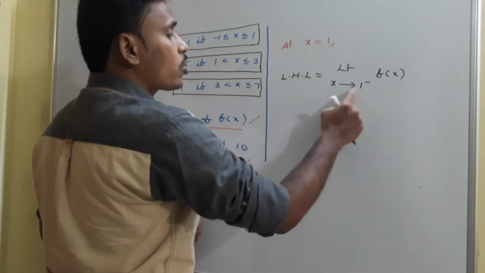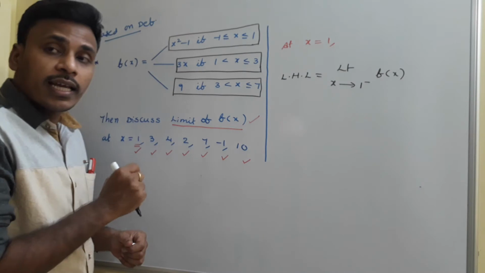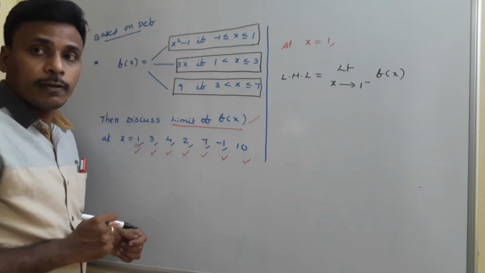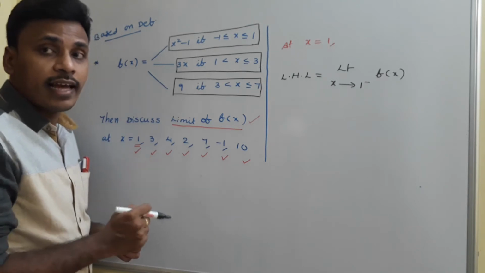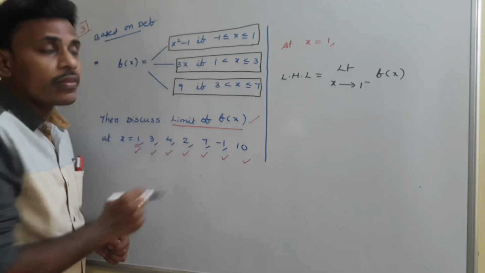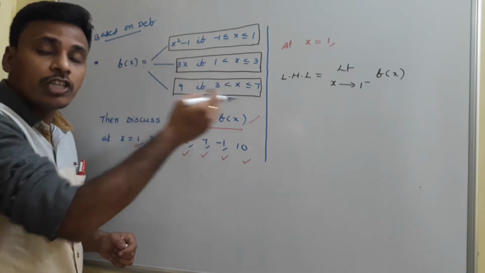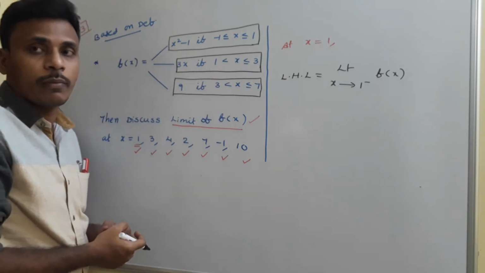So, limit x tends to 1 minus f of x. Here x tends to 1 minus, as I mentioned, the x value is less than 1. Since the x value is less than 1, what is f of x? If x is less than 1, f of x is x square minus 1. You just replace f of x with x square minus 1.